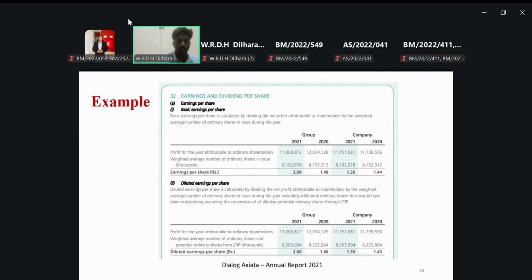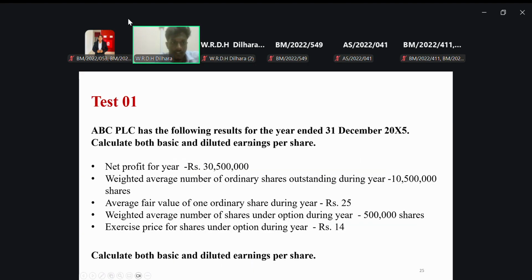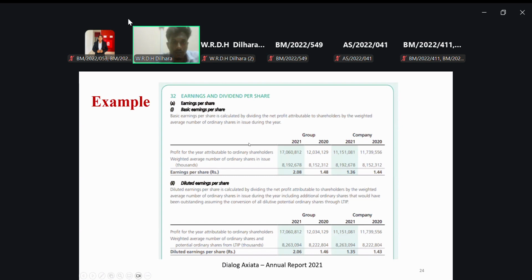And also, this is the financial statement extraction. Okay? It is really difficult to find a statement with diluted earning per share. Most of the financial statements do not show the diluted earning per share because there are no convertible instruments.